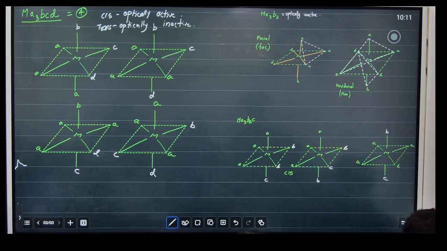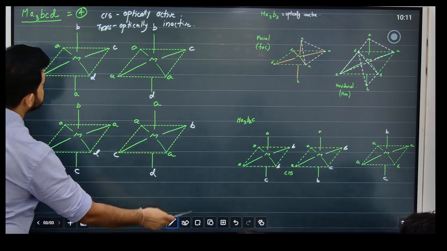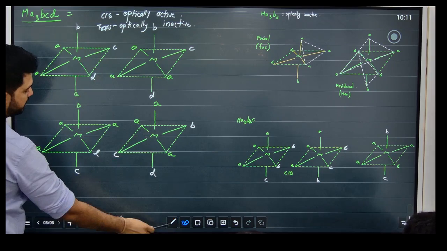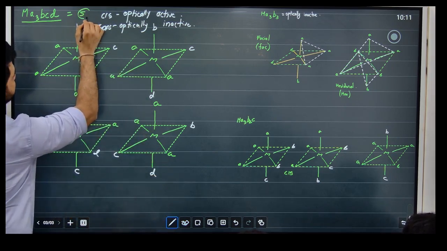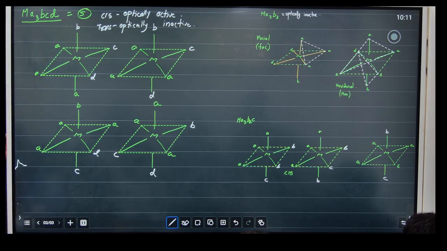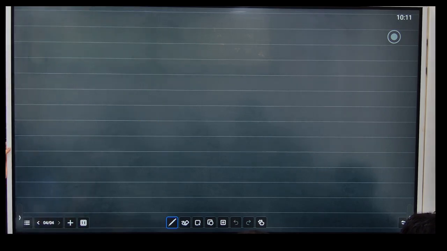Total number of actually isomers then should be cis and trans. Cis will give you D and L, so total number of isomers are 5. ठीक है?